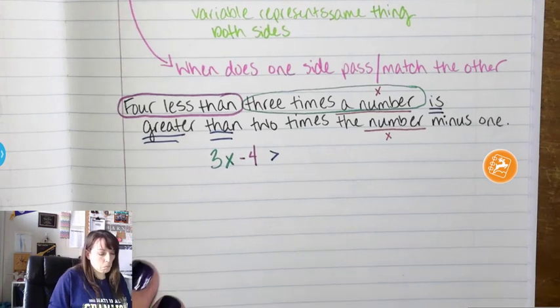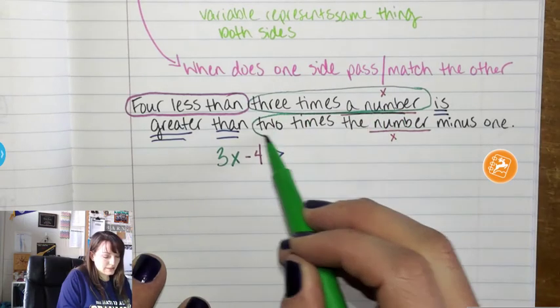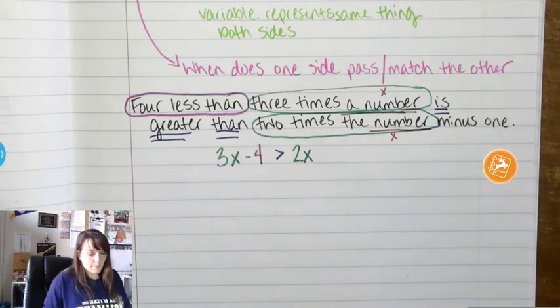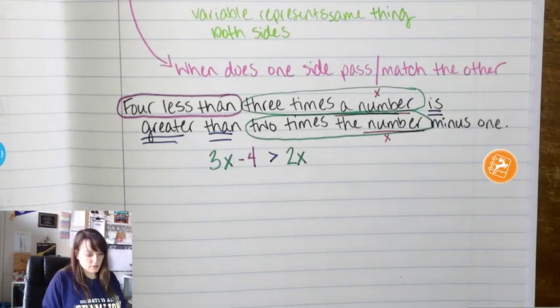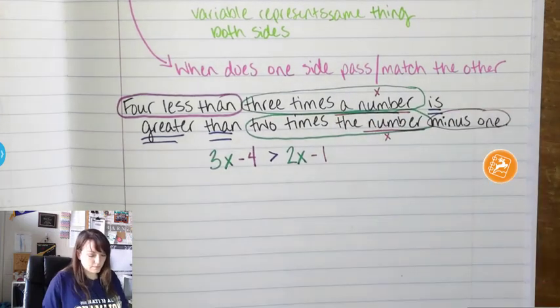What does that mean? Times? What times 2? 2x. And then minus 1, obviously, is just minus 1.